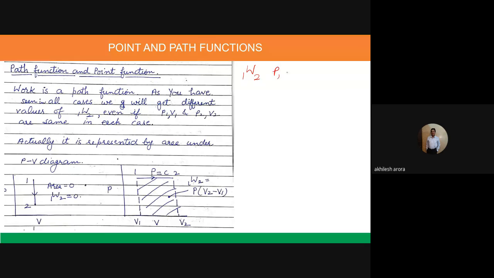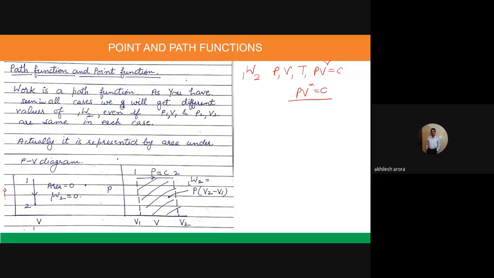For constant pressure, constant volume, constant temperature, PV raised to power gamma equal to constant, and PV raised to power n equal to constant. And you have seen that for each process, you take any process, the value of work is different in each and every case. It is not the same actually. You can see it here in the diagram.